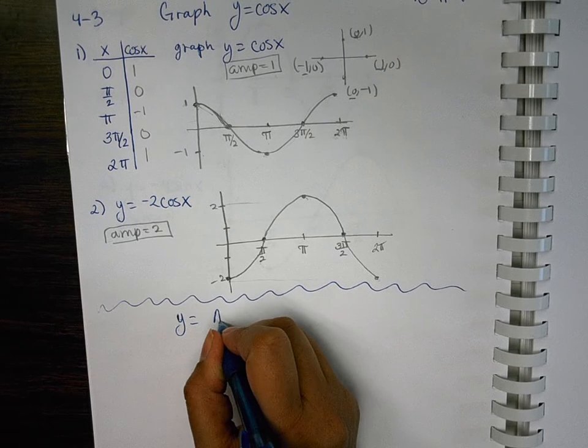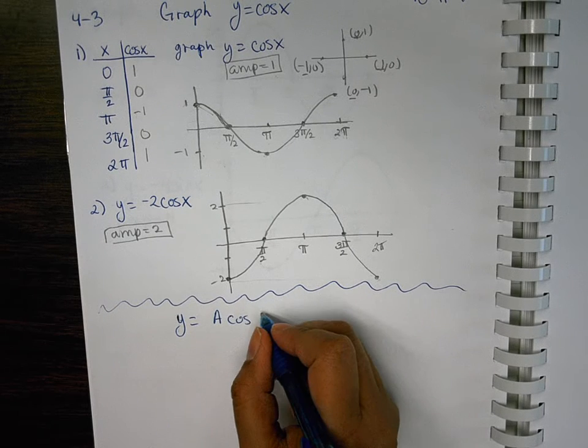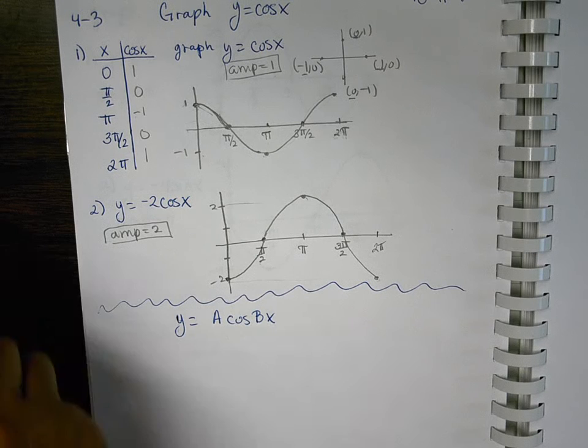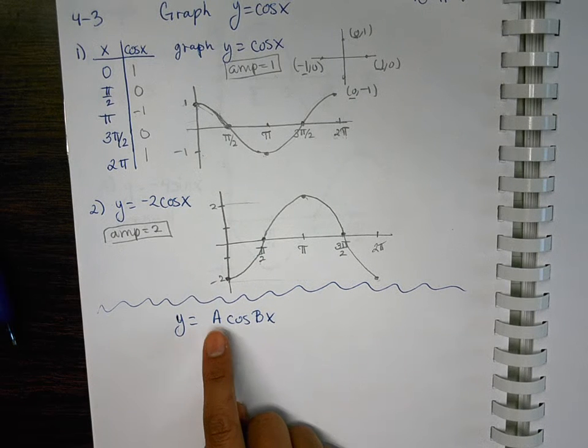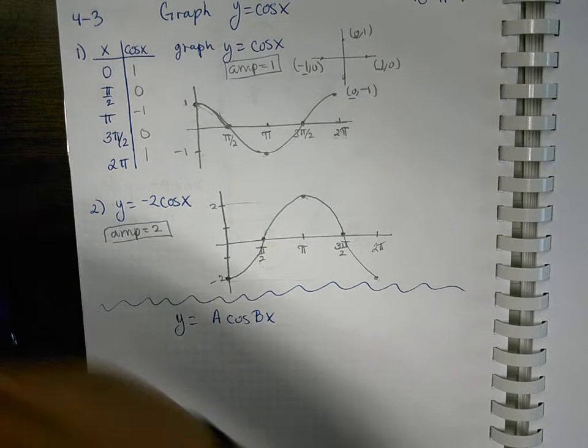Y equals a cosine of bx. Got it? Okay. A tells us what? Amplitude.